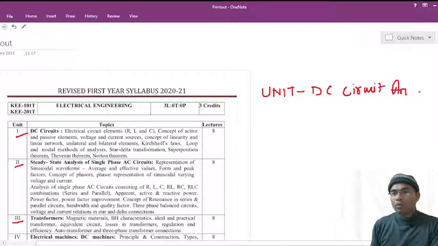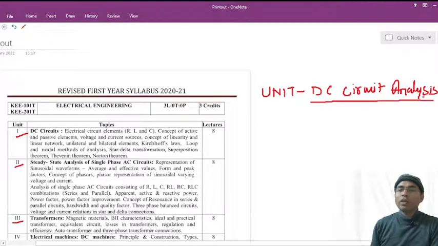In this unit we will use only a DC energy source to energize any electrical circuit, and then we will analyze the circuit to find out different parameters like voltage, current, power, energy, and so on.